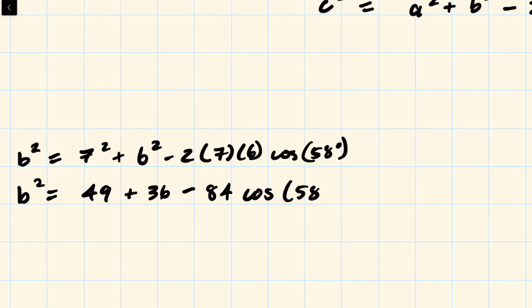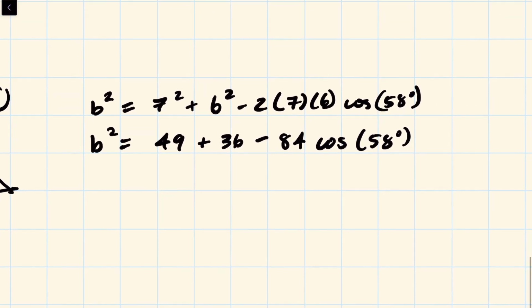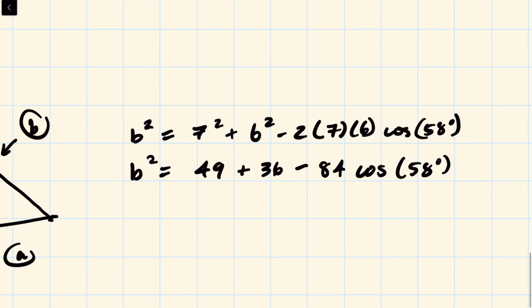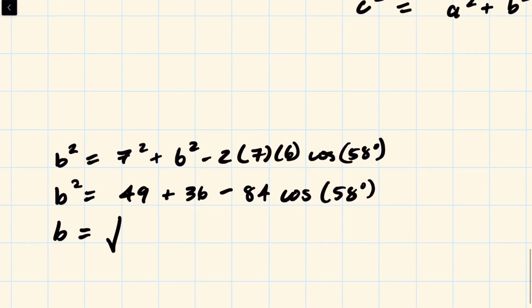Okay. So our b is equal to the square root of that, because we're taking the square root of both sides, and that will cancel. So b, not b squared anymore, just b, is equal to the square root of 49 plus 36 minus 84 cosine of 58 degrees.